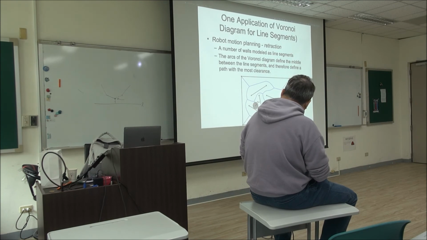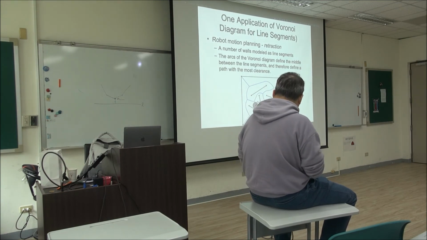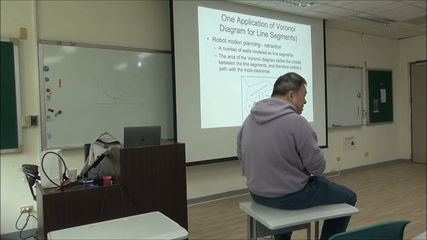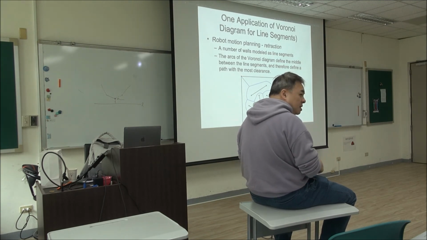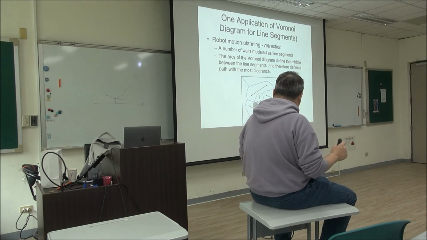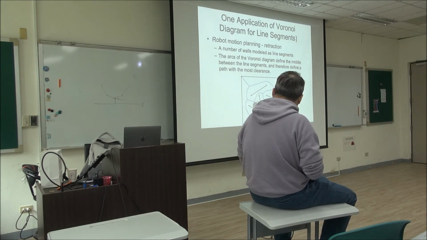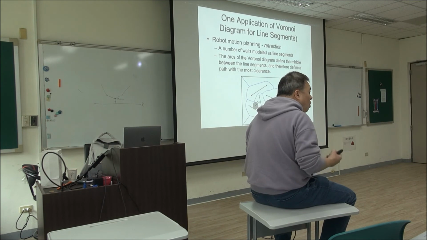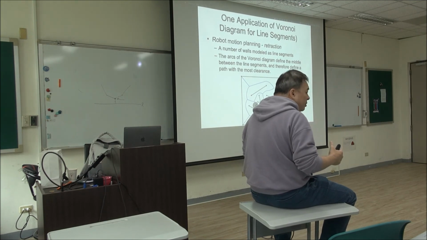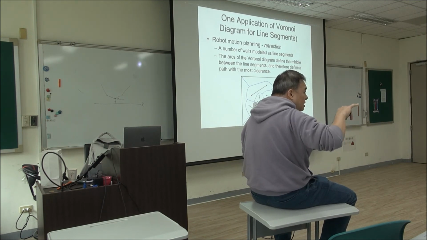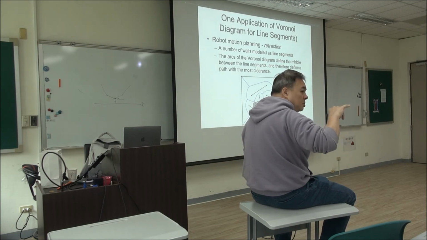What happens is like this. You first create a Voronoi diagram for these segments. Remember your robot is round shaped, so you know the radius of your robot.